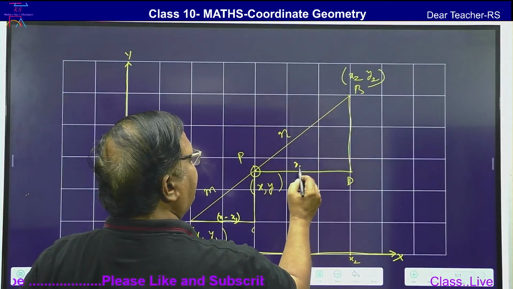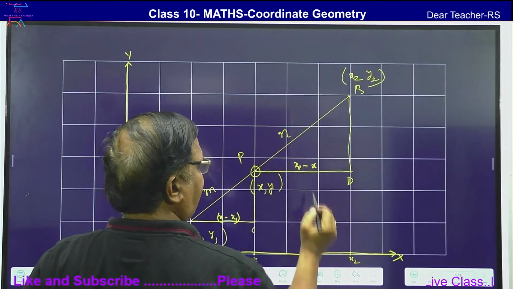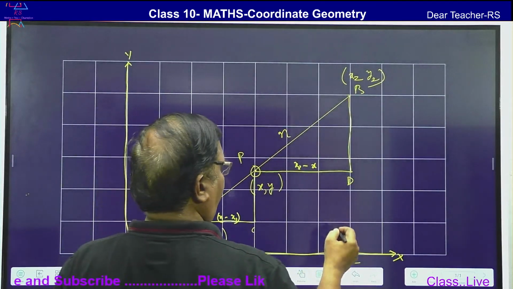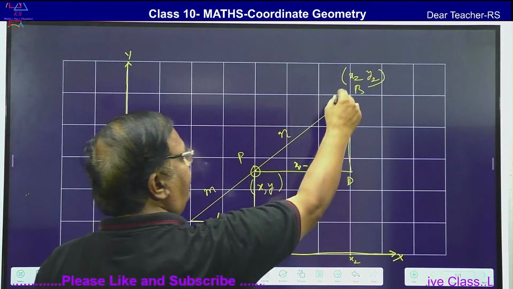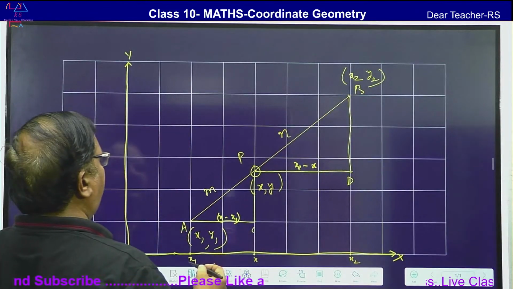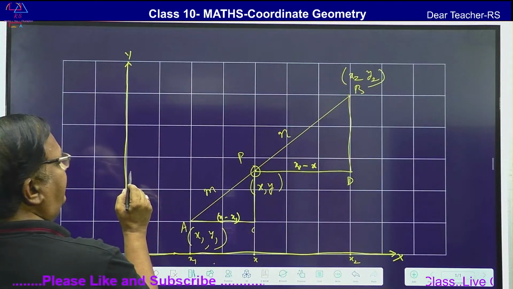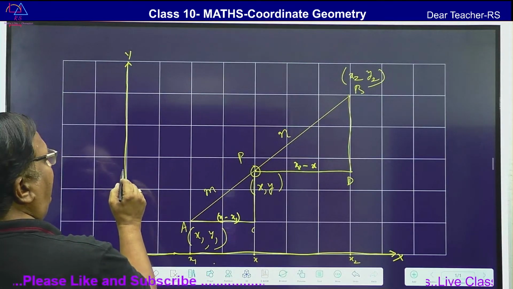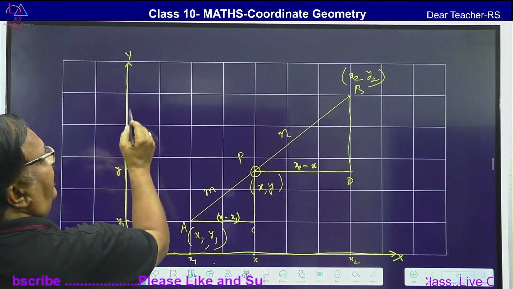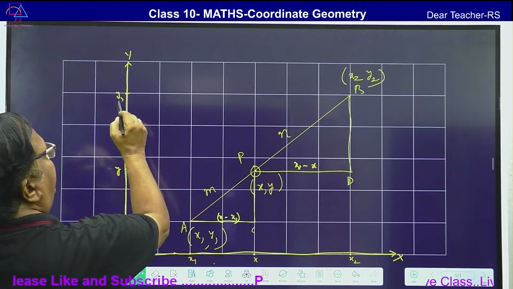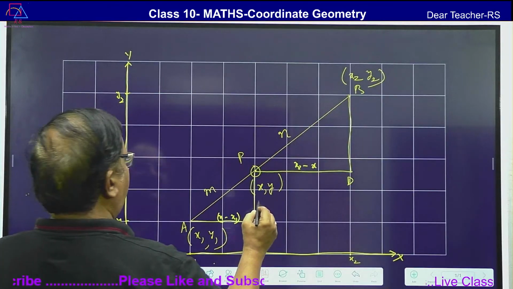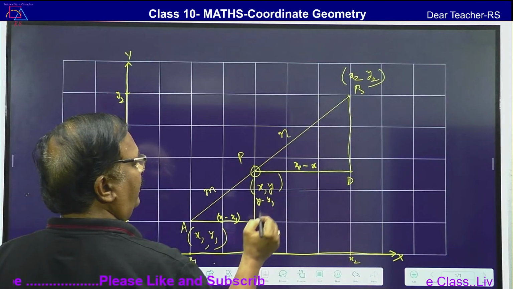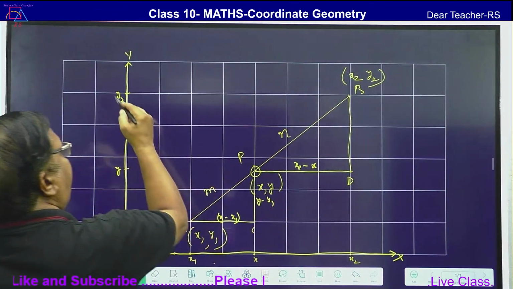We got the horizontal distances, and we will find the vertical distances also. Here this is y1, this is y, and this is y2. So this distance is y minus y1, and this distance is y2 minus y.